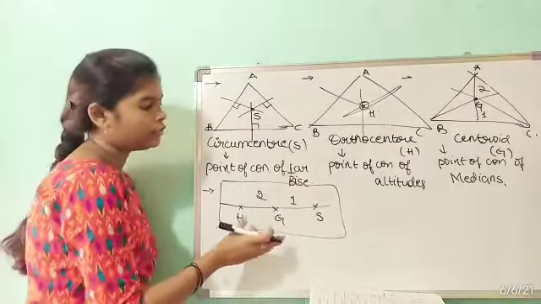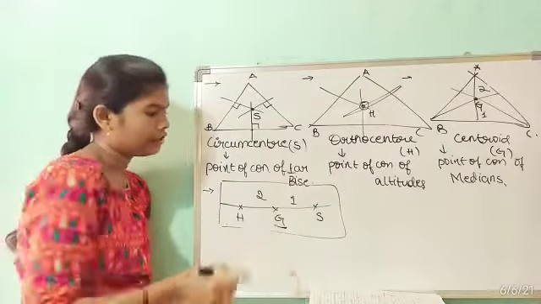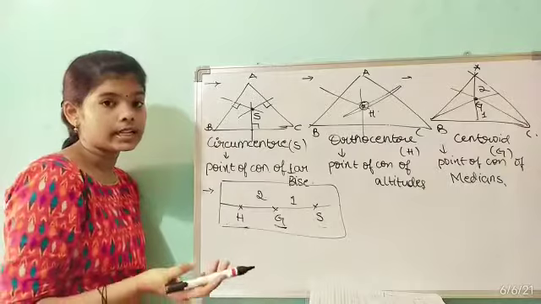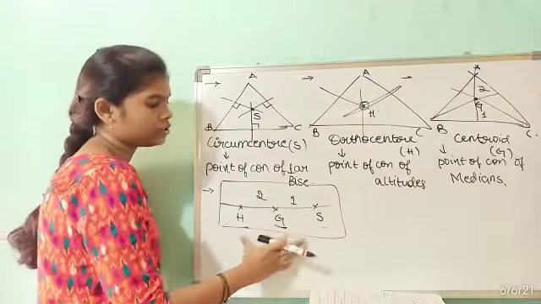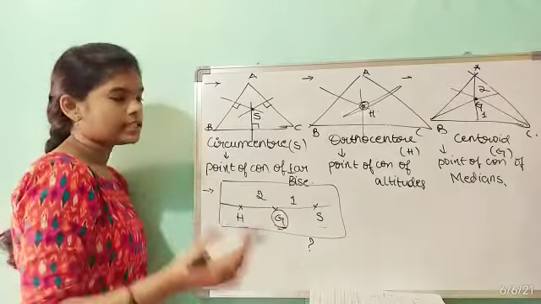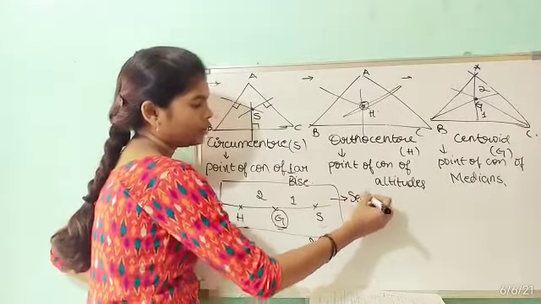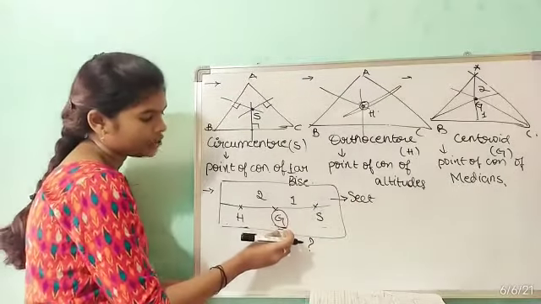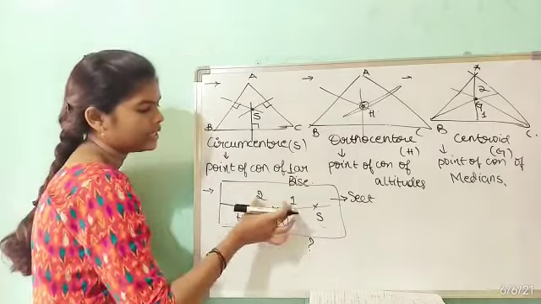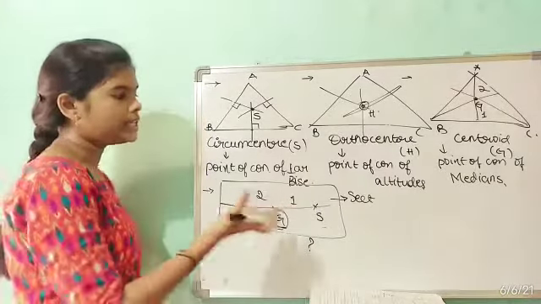If they are given a centroid, and any one of orthocenter or circumcenter is unknown, then we can easily find the other one. This we have learned in the section formula. In this section formula, G, that is centroid, divides the orthocenter and the circumcenter in 2:1 ratio. If any of these three are unknown, you can easily find that.